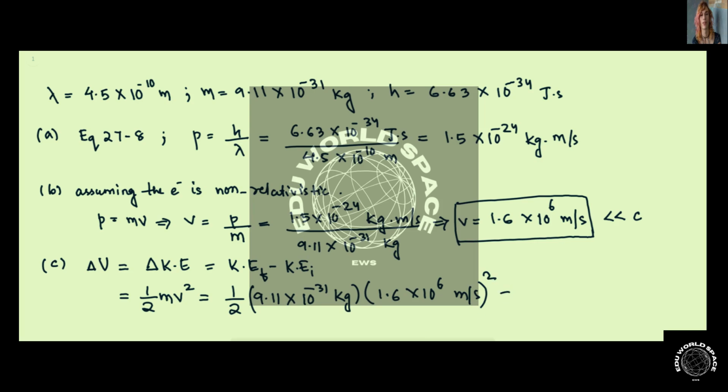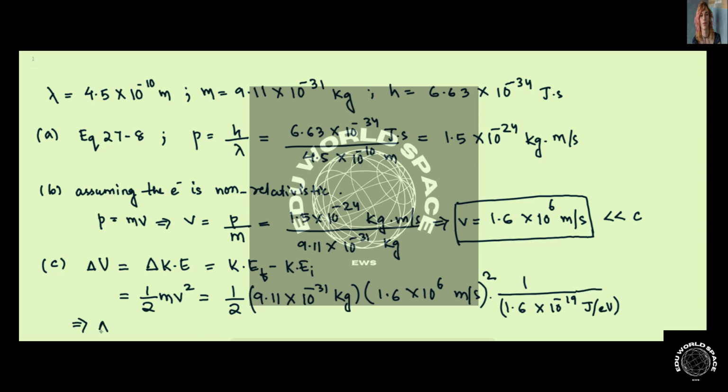And also one thing to notice, this value will be in joules, and we want to find the potential difference in terms of electron volts or simply volts. So for that, I need to multiply it by a factor of 1.6 times 10 to the power minus 19 joules per electron volt, because 1 electron volt is basically this much joules.